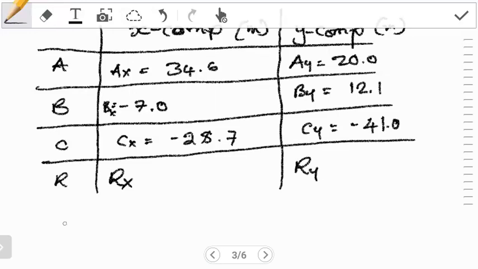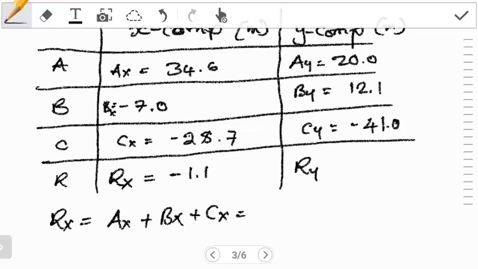To get the resultant in x, all we have to do is add the components: Ax plus Bx plus Cx. Since some of these are negative, it ends up as 34.6 minus 7 minus 28.7, and this comes out as -1.1.